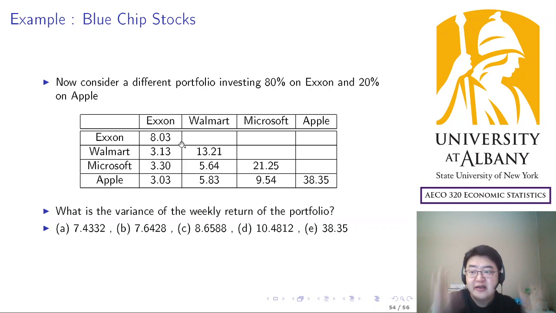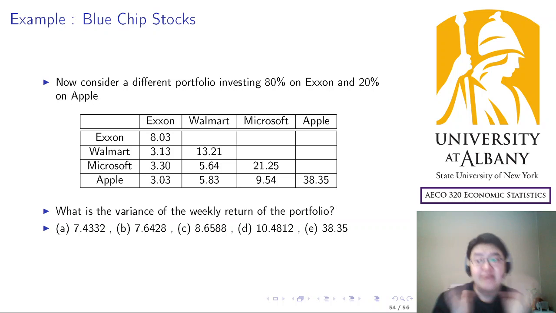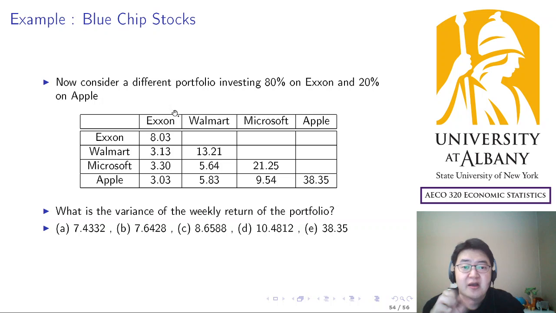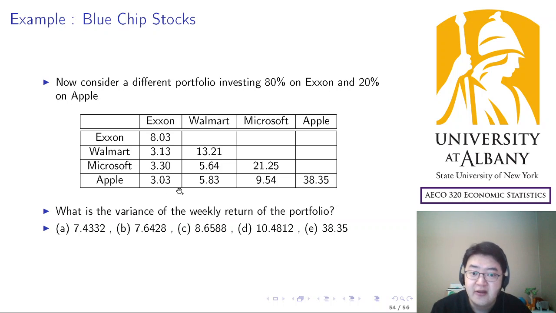You may think investing everything in the safest asset is the safest way to invest. No, that's not the case. This example shows that mixing in a little bit of other assets, even if risky, may still help reduce the risk. And even more surprising, their correlation is positive. The diversification is not coming from negative correlation. Even if their covariance is positive, you can still do better than the safest asset.